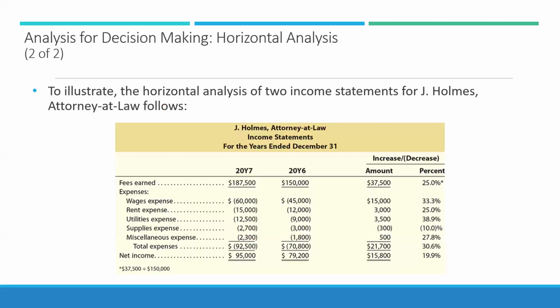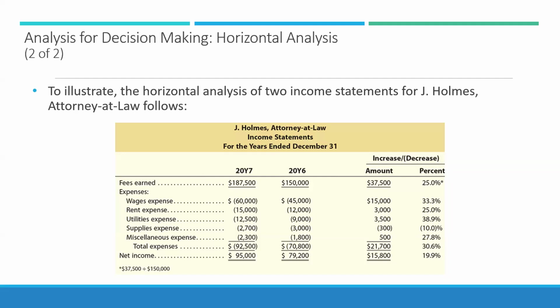For example, here in this income statement, we have our fees earned in the first year, which was 2026, 150,000, and then it increased 37,000 to 187. That's a 25% increase because the 37,000 is divided by the initial 150,000.